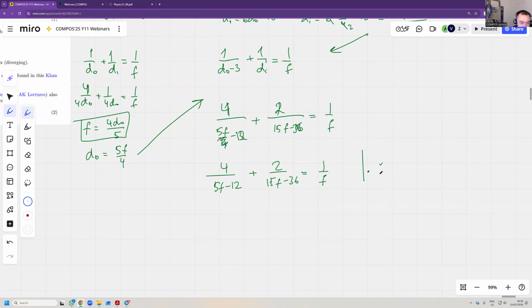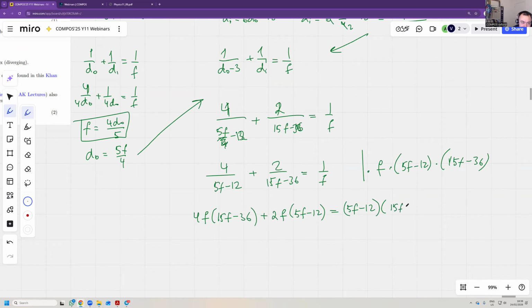So we multiply everything by f, multiplied by 5f minus 12, multiplied by 15f minus 36, and we get 4f times 15f minus 36, plus 2f times 5f minus 12 equals 5f minus 12 multiplied by 15f minus 36.